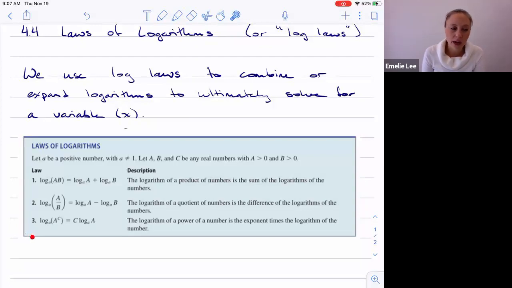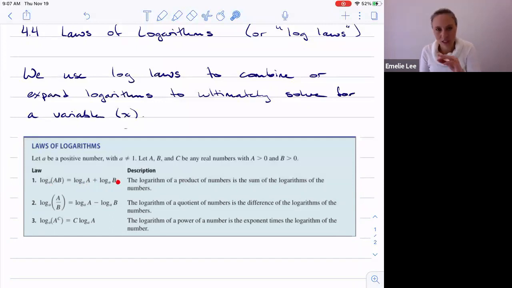Surprisingly, it's enough, right? So the first one is that if you have A and B being multiplied inside a log, then you can break them up as the log with the same base, so log base a of A plus log base a of B.